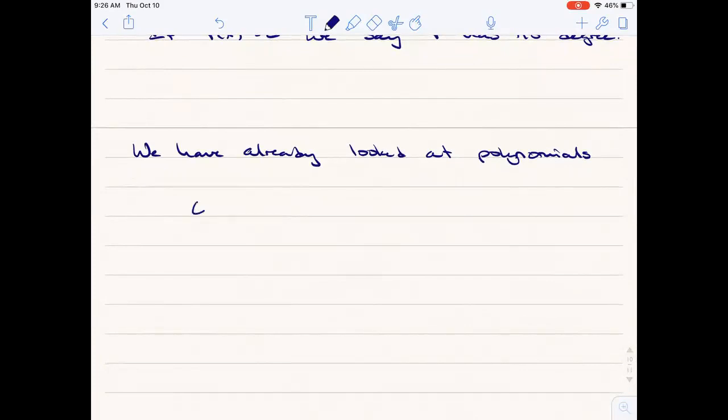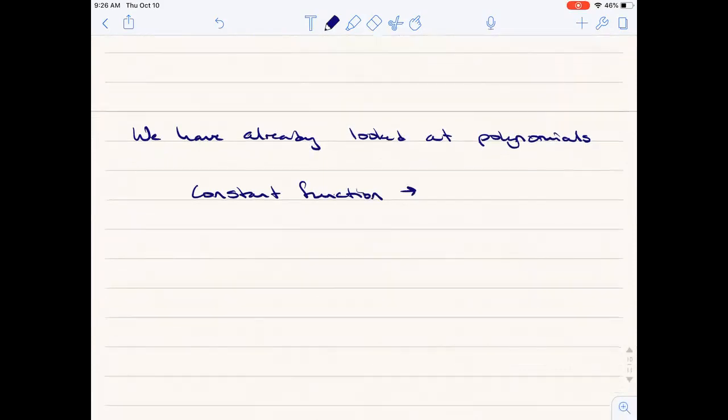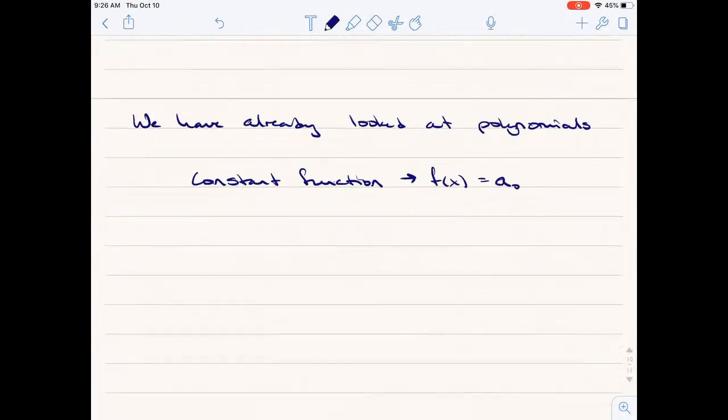A constant function is something like f of x equals a sub 0, right? That's the 0th degree.